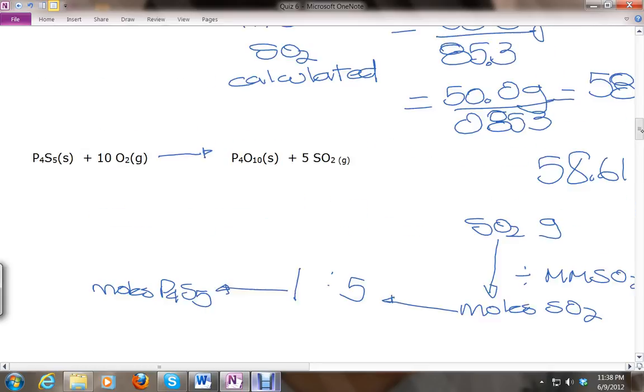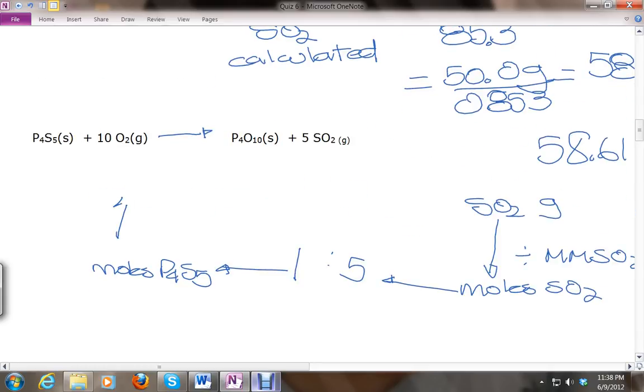And then you have to multiply it by the molar mass of P4S5 to get the grams of P4S5 that you need to burn. I'm going to pause and calculate the molar mass, so that I don't waste time doing it during the video.